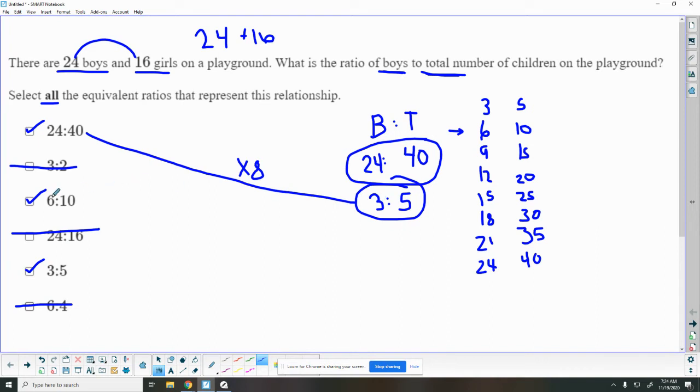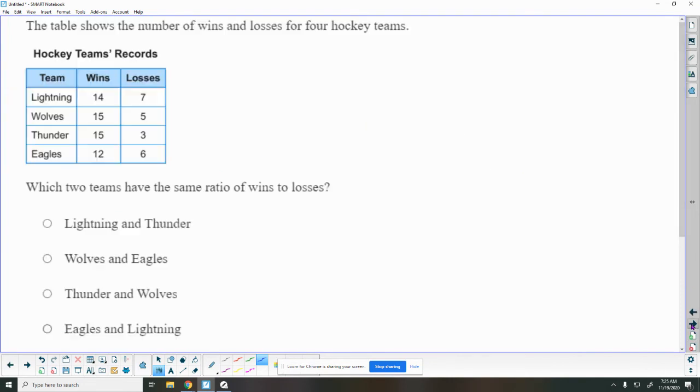To get from 3 to 6, I times by 2. So to times 5 by 2 is 10. So these ones were both times by 2. And 3 and 5, we times them both by 1. So whatever you do to one side, you have to do the same thing to the other part of the ratio.